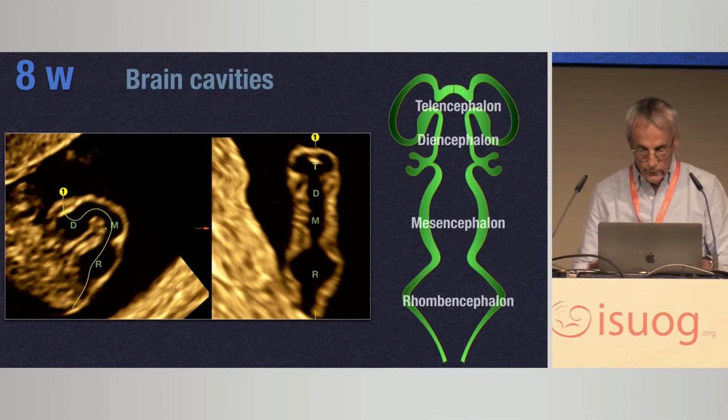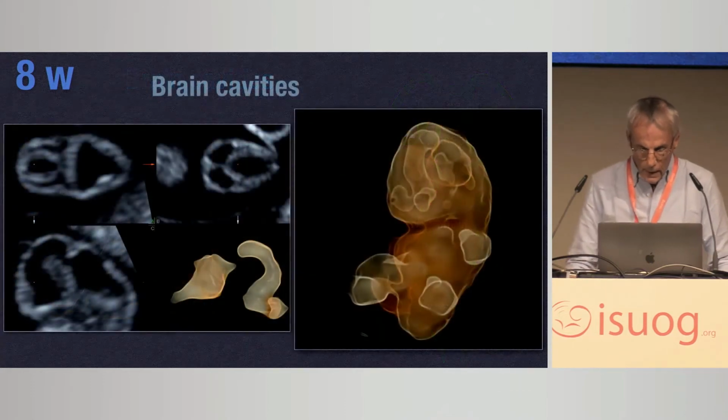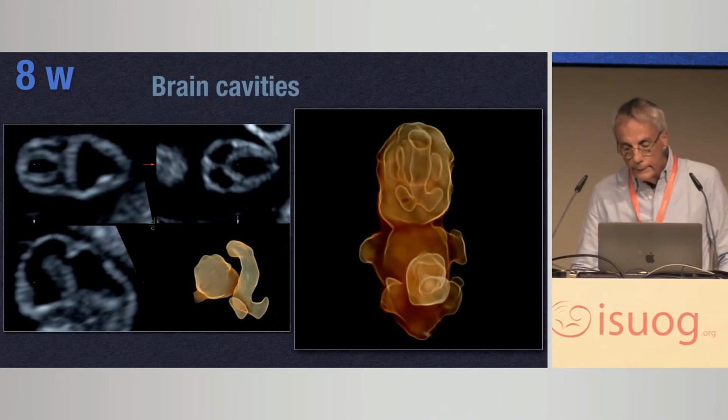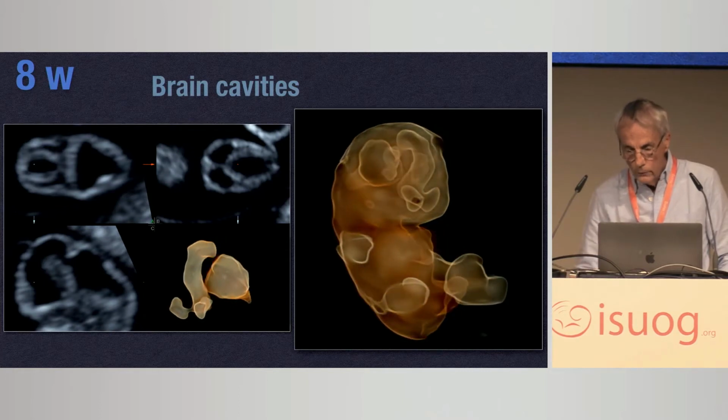We flatten this, and you can recognize the rhombencephalon, the mesencephalon, the diencephalon, and the telencephalon with the 2 lateral ventricles. And the mesencephalon, this part is large at the beginning also, but it will give the aqueduct. And with this silhouette, it's really easier to understand.